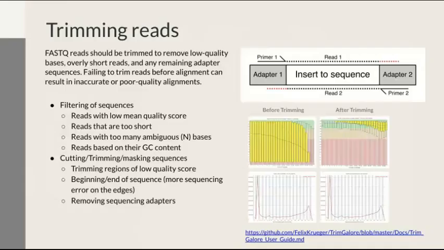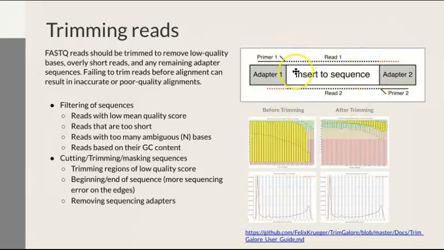Additionally, you want to do what's called trimming. So here's our fragment right here. It has an adapter on each end. These adapters are specific to aligning and binding to your flow cell, right? But they're not found in the genome. So we want to get rid of these adapters and trim for them.